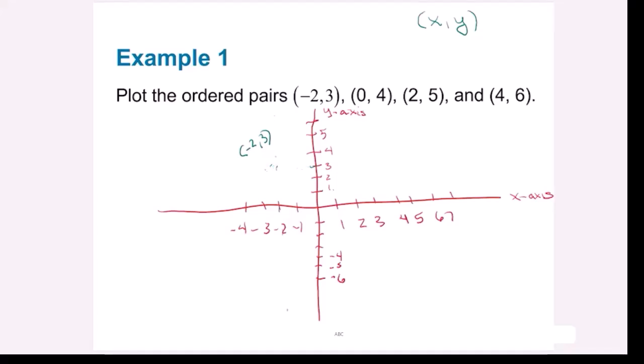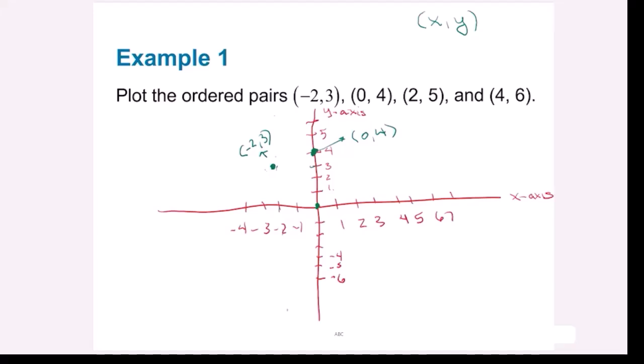If x equals 0, then I'm not moving off of the origin because this is my 0, 0 point. So x doesn't change, but y does. We go up 4. This point right here, this is 0, 4. And then 2, 5.